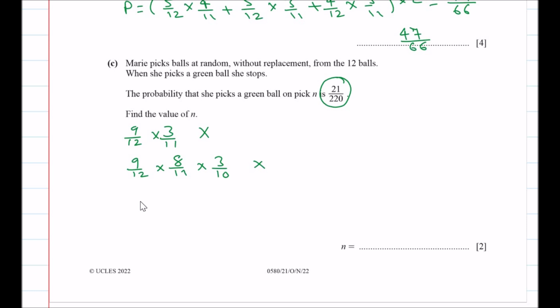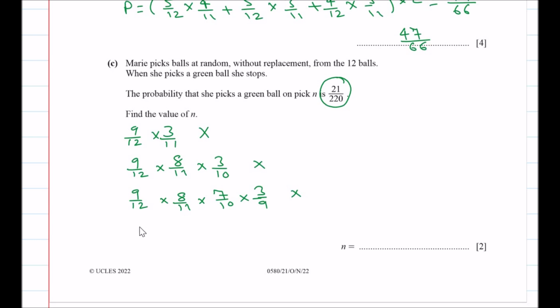Now if you try with another one, so 9 by 12 into 8 by 11 into 7 by 10 into 3 by 9. This is the fourth pick. Means in the fourth pick she got a green. So if we multiply out this is also not giving us 21 by 220.